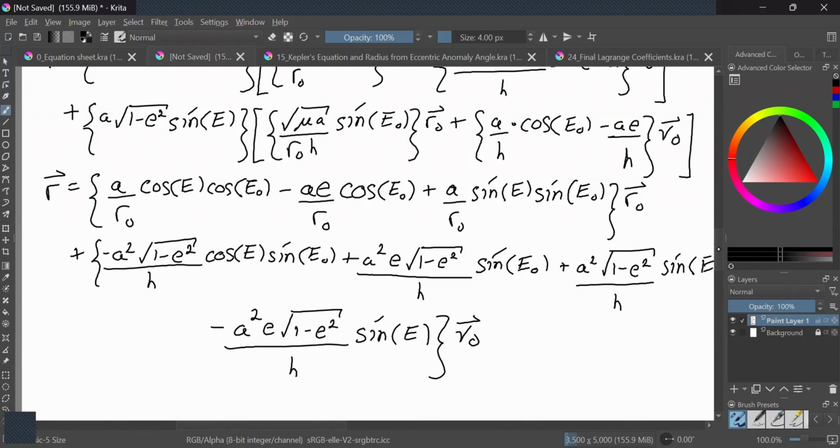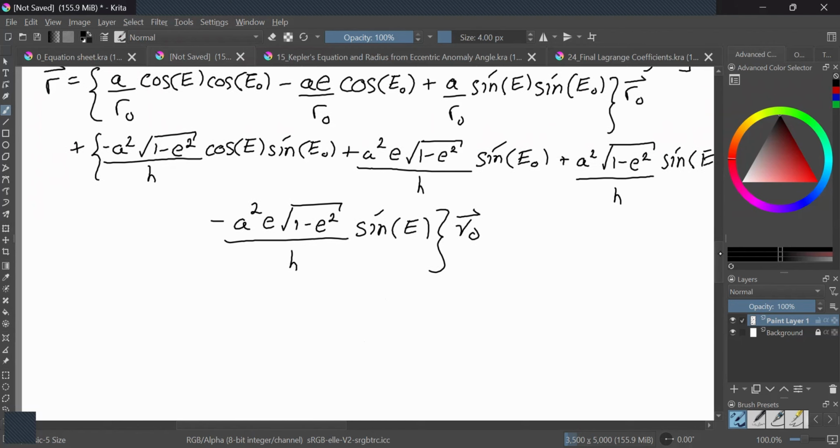B naught direction. All right. So once again, everything inside of this first set of brackets is going to be our F. So let me copy that over. We have a by r naught. And actually looking at it, we have every term multiplied by a times r naught. So I'm just going to take that out.